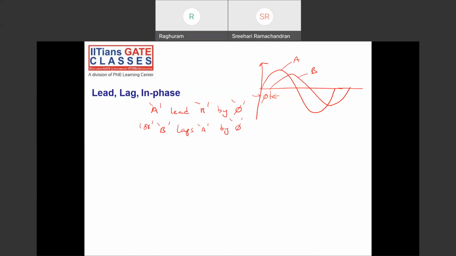That means B starts at 0 only after 5 degrees, so B is lagging A by 5 degrees.